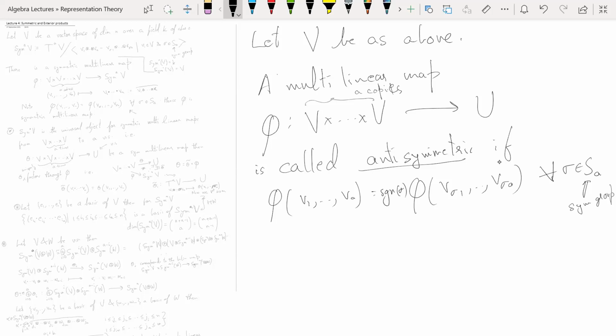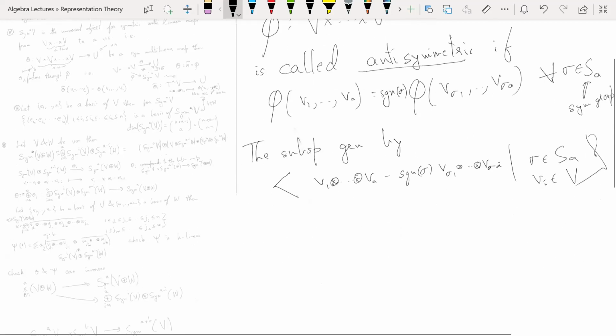One good thing about the subspace generated by V1 to VA minus sign sigma V sigma 1 to V sigma A, sigma in SA, Vi in V.